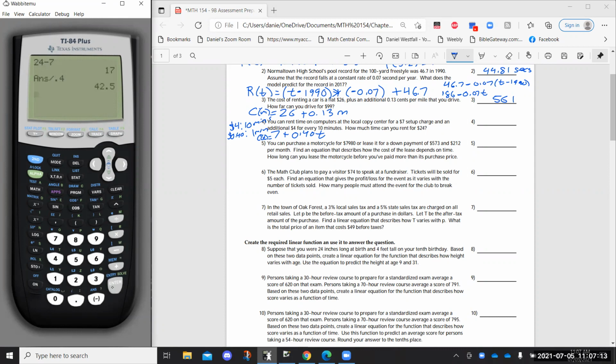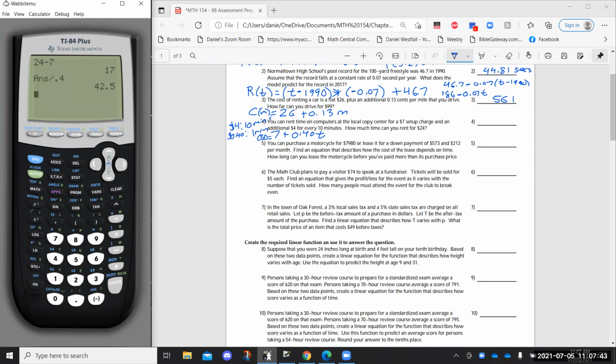And I should be able to get 42, and it depends again here if you can be charged for half a minute or increments in less than 10 minutes. It's not very clear here, so there could be some different answers that would be right depending on how you interpreted this problem. One correct answer would be that you could get only 42 minutes if you're assuming you're charging by the minute.